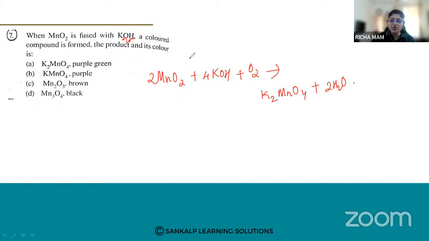So MnO2 is oxidized to K2MnO4 in the presence of excess oxygen in KOH medium. So we get purple green color. This is the first step of preparation of KMnO4. So option number A is the correct one. Aishu has answered it right. Very good. So let us go for the next one.